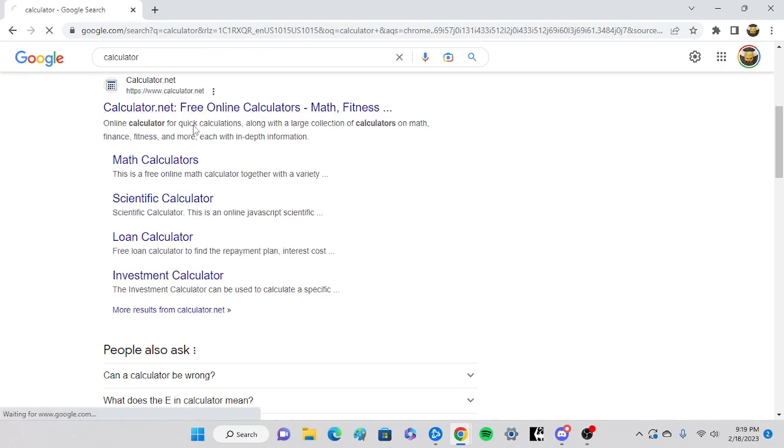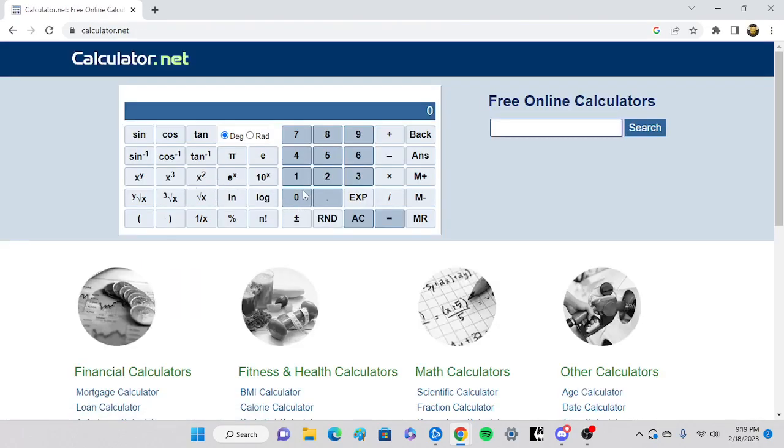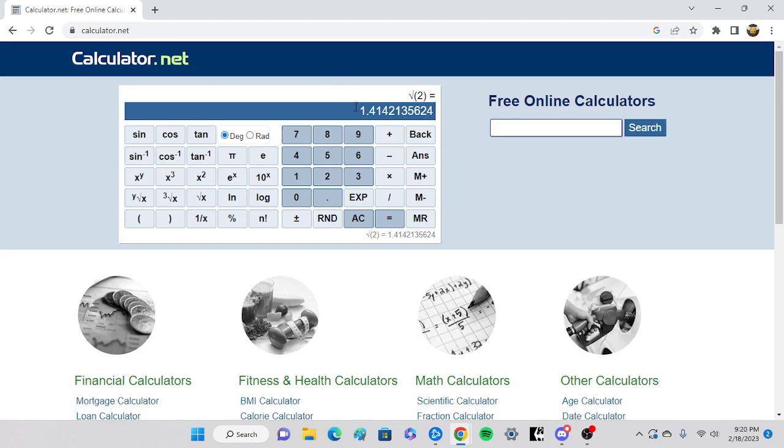You know, let me try a different calculator. Okay, so square root of 2 equals. Alright, so now we're going to copy and paste that. Fuck, it doesn't. Now let's just put that into right there.